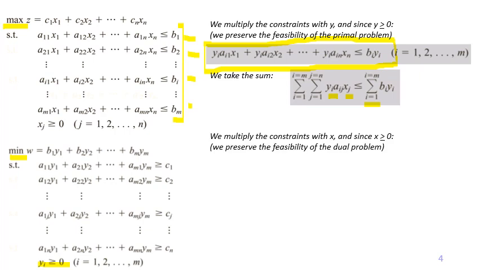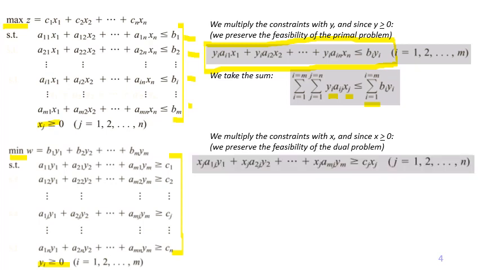Now let's move on to the dual problem. In the dual problem, again, we have a feasible solution y, which means that y1, y2 up to ym satisfy all the constraints. Now we multiply each of the dual constraints with x. Because x must be greater than or equal to 0, again, we preserve the feasibility of the dual problem because nothing is negative, so the sign does not change, and then we get something like this.